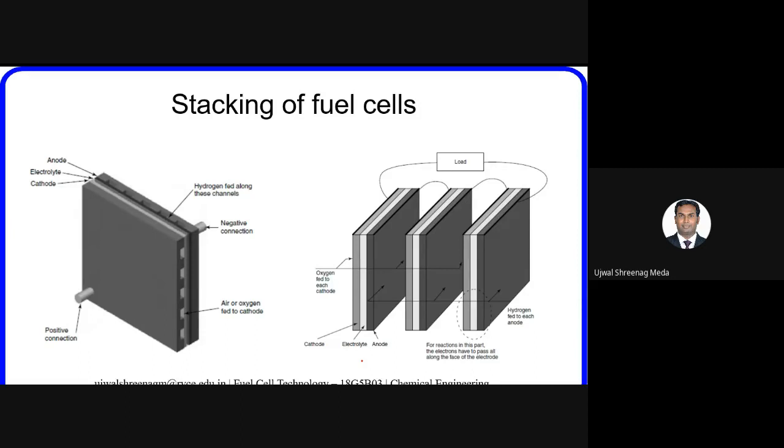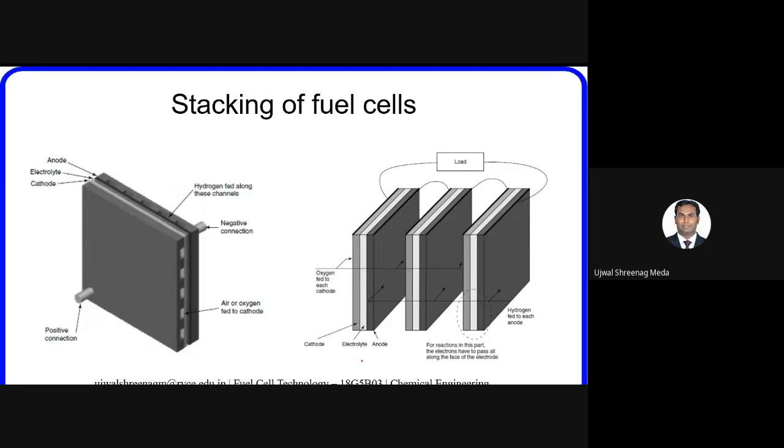However, to practically stack fuel cells, it may not be this simple. So in order to make these connections possible, we make use of a component known as a bipolar plate. A bipolar plate sits between the anode and cathode of two fuel cells. These bipolar plates have many functions.